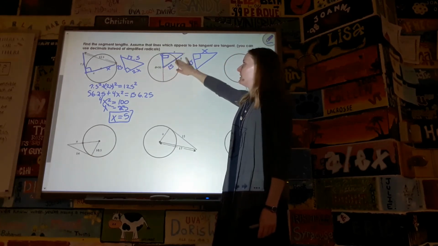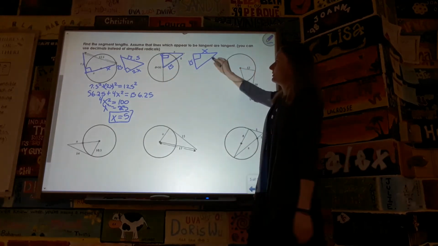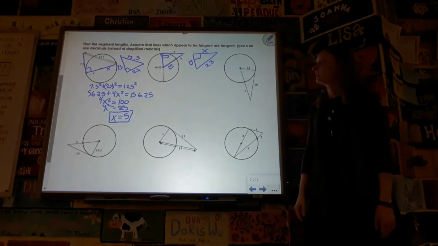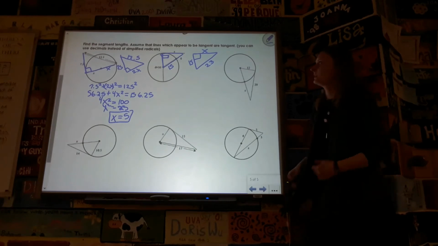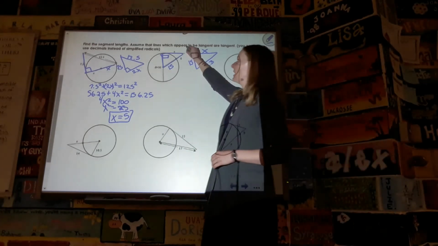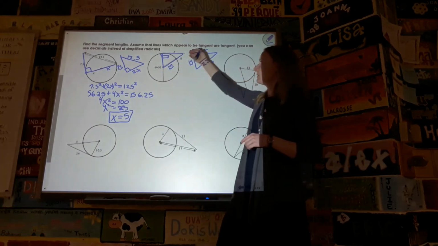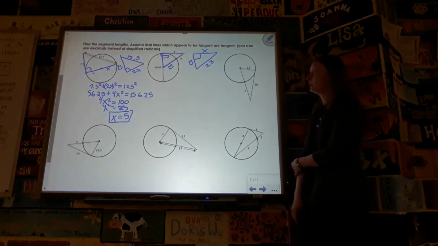So you'd have to add them together. The radius plus the 8. 23? Okay. So 8 is, no, because you're thinking about the clown hat rule. The 8 doesn't count as a tangent because it's going to cut through and touch the circle twice. So the 8 is not a tangent. You can't use the clown hat rule.